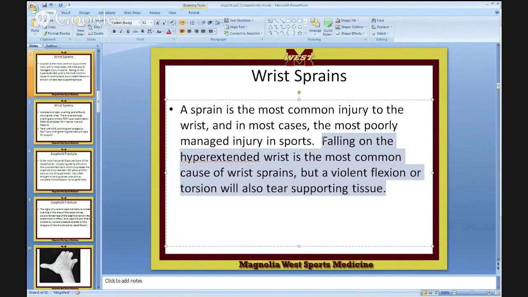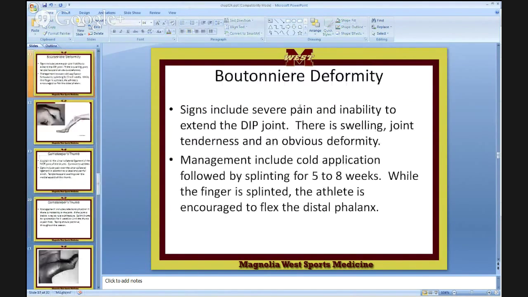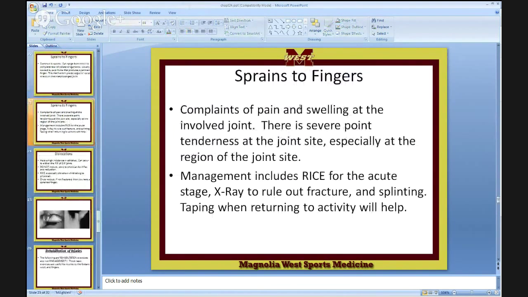We also have to go over something else in class, but it won't be in your test. What bone is the most frequently fractured in the wrist? What bone? It's not the hamate, and it's not the lunate. Let's just say what it is. It is the scaphoid.